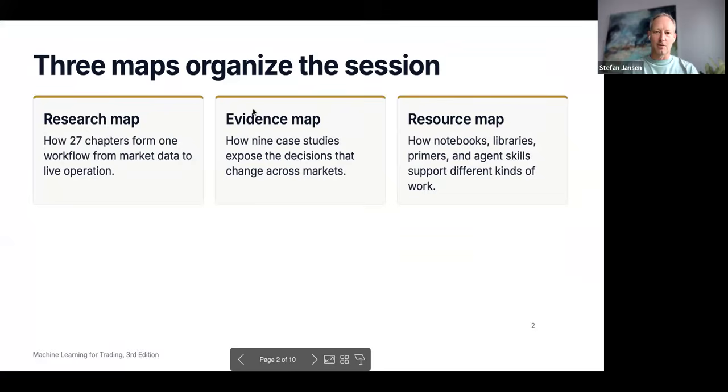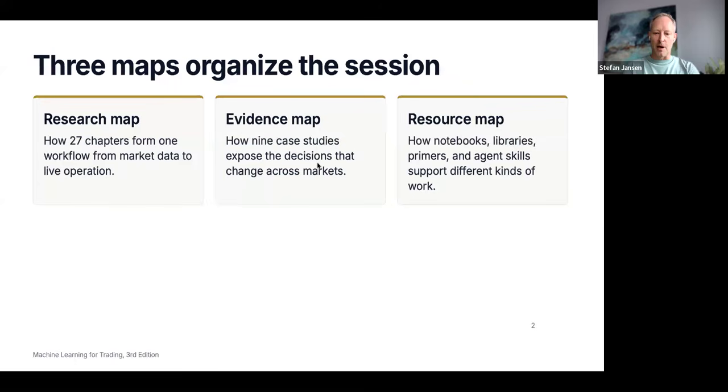Today, I want to talk about first the research map, which is really about the 27 chapters that discuss one workflow from trading idea all the way to live deployment and how we do this in the book and why this is useful. We then talk about a new component in the book that wasn't present in the second edition, which is case studies, which shape very much how you can use the book and what it talks about.